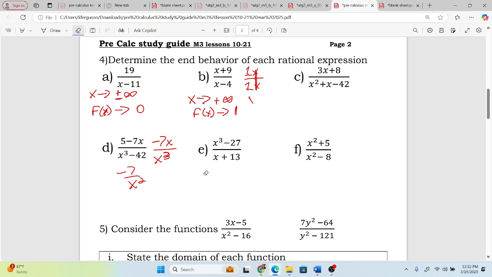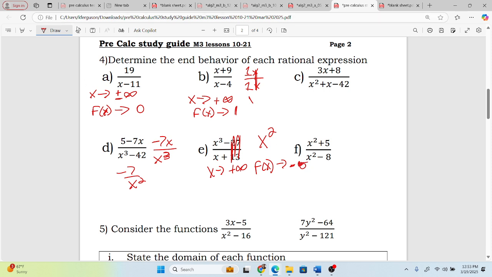As x approaches positive infinity, I would forget about the numbers and look at these, and 1x cancels off from each, and I'll have x squared. So if I got x squared, as x approaches positive infinity, f of x approaches negative infinity.